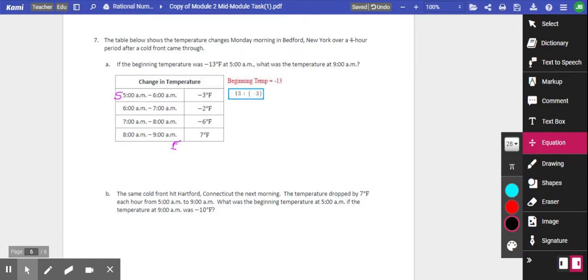So we have negative 13, and we're going to add to that negative 3. And what we end up with is a value of negative 16 degrees.